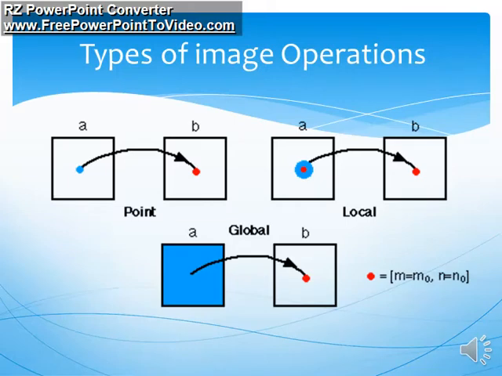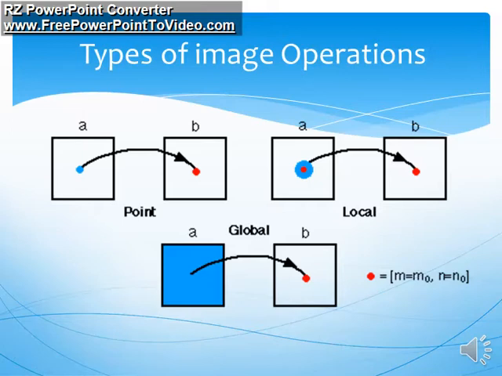Now the types of image operations are given here in pictorial format. Three types of image operations are there: one is point processing, the second is local processing, and the third one is global processing. Here A and B are two sets.